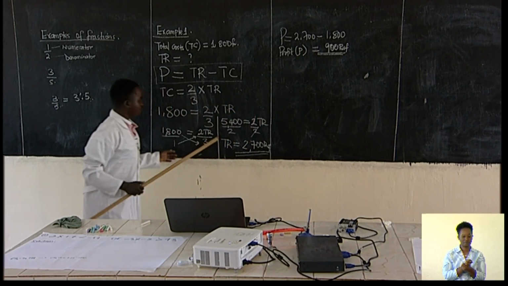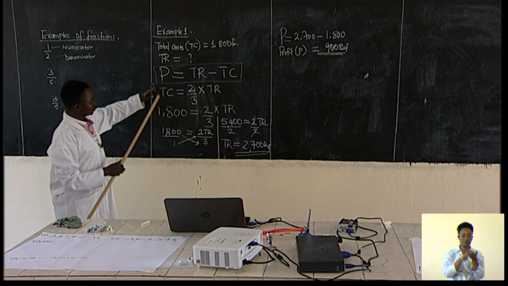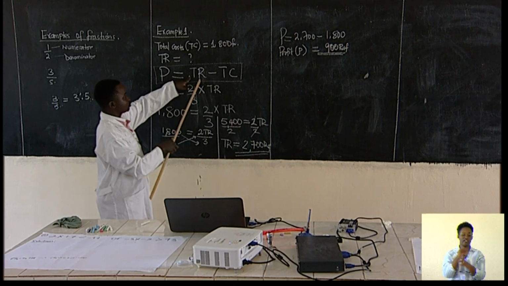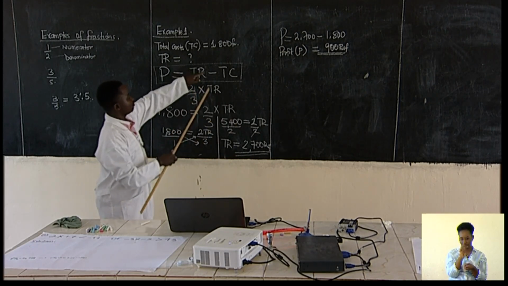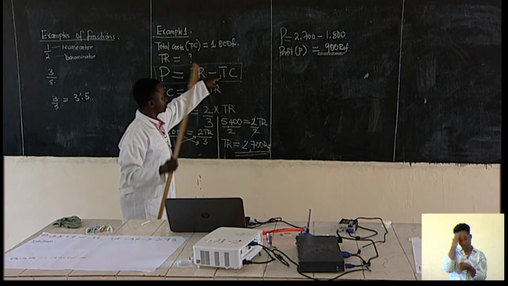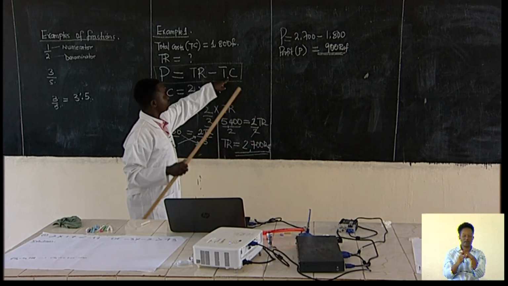So this is one of the applications of how we can apply fractions. So you have to relate this. To get profit, get the total amount of money generated, total revenue, which you get by having quantity times price, then minus total cost. Total cost is equal to fixed costs plus variable costs.